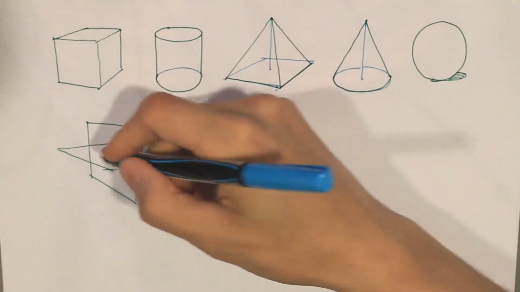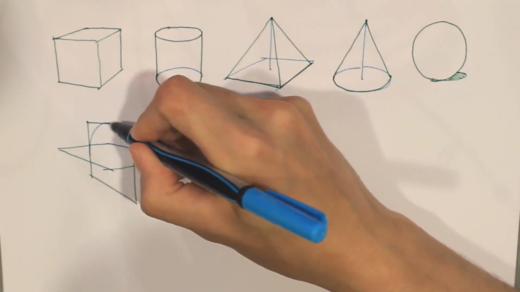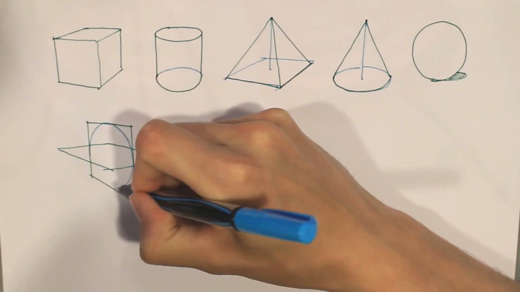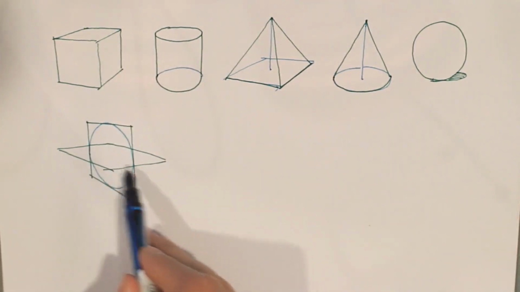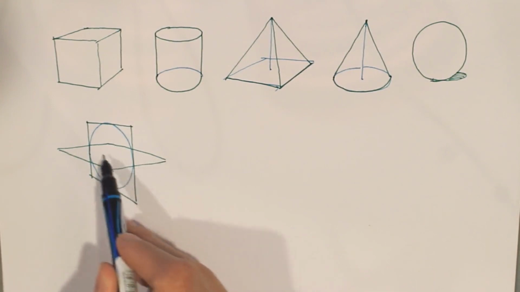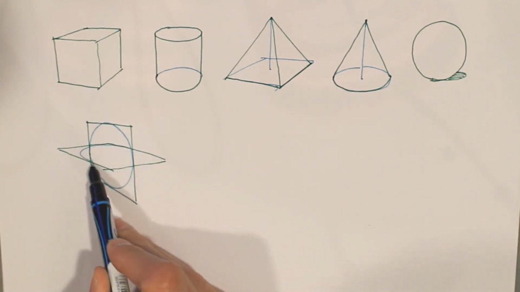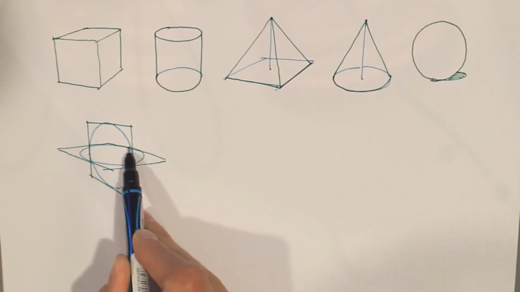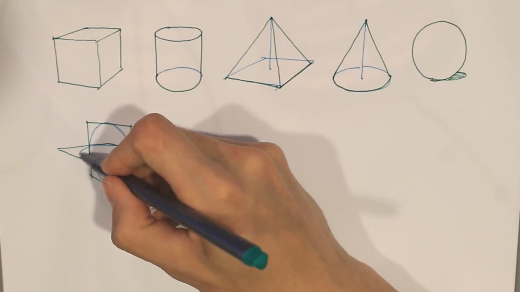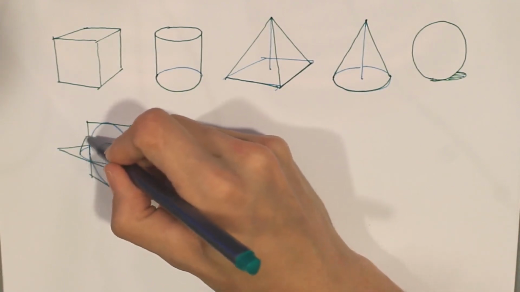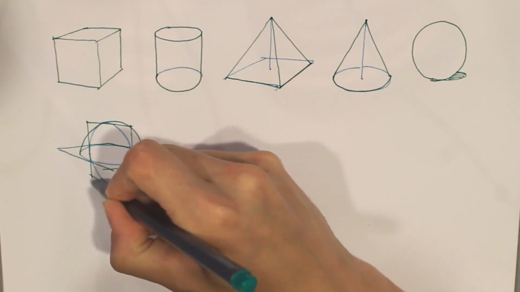And create an ellipse in each of those. This perpendicular plane that I've created here is a little bit rectangular, so I'm going to have to fudge that just a bit. Sorry. Now if we connect these, you create a sphere.